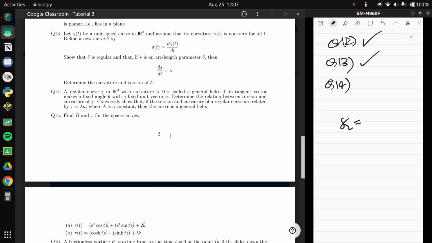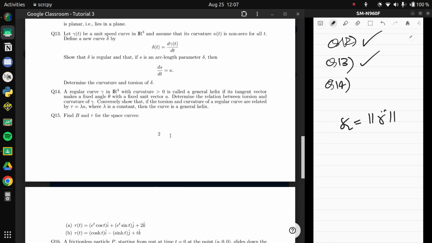So it just becomes dT by ds. T is just gamma dot, so it's just T dot, so it's gamma double dot. Right. And it's perpendicular to that or something.